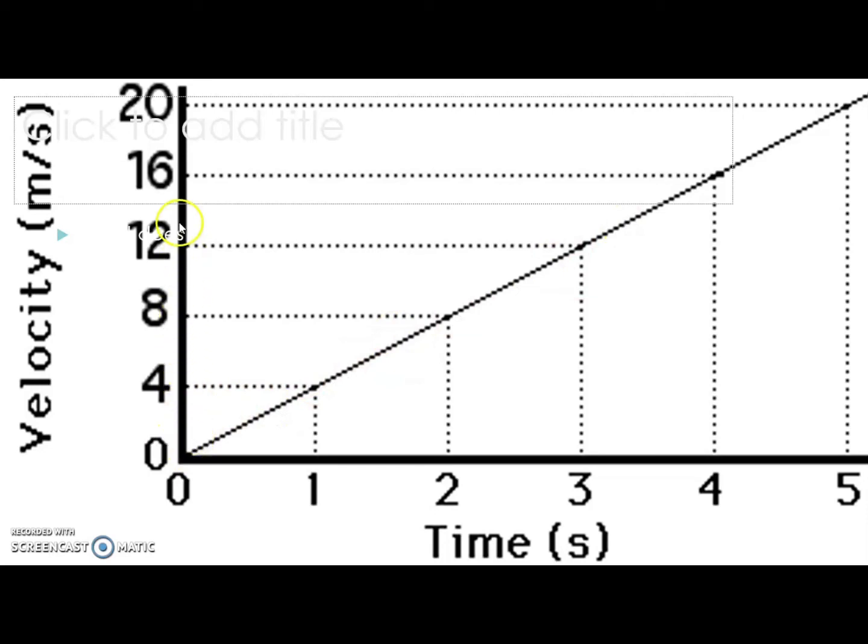Speed is increasing. We are increasing at a constant rate. So we still have a straight line, but it is increasing. Before, on distance time, it meant that speed stayed the same. Now it's showing you that we are speeding up. Whatever this object is, it is increasing in velocity.